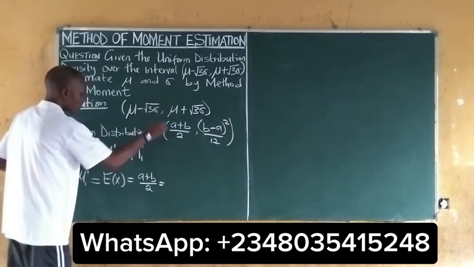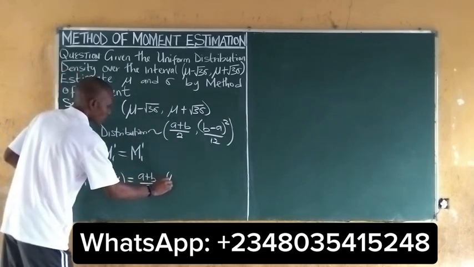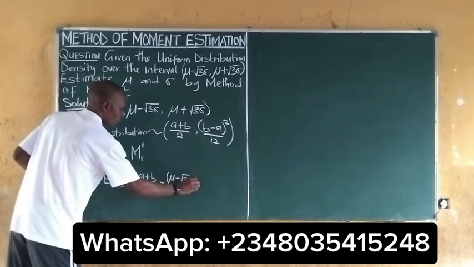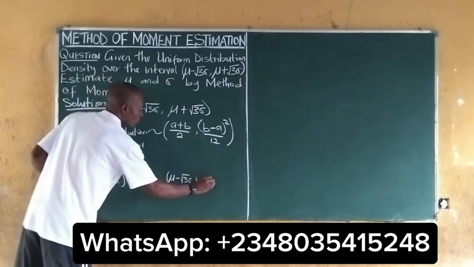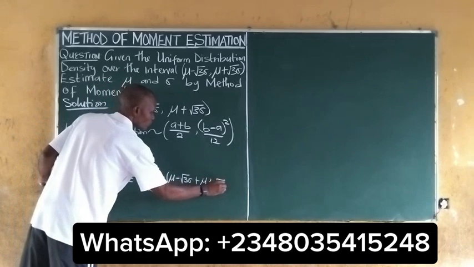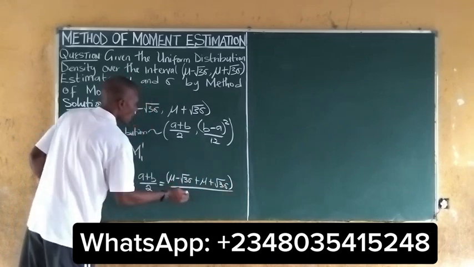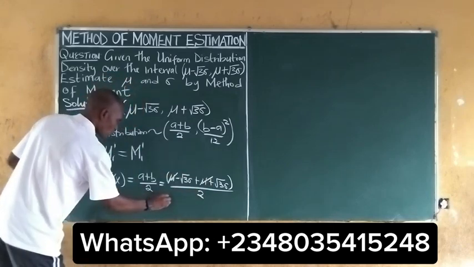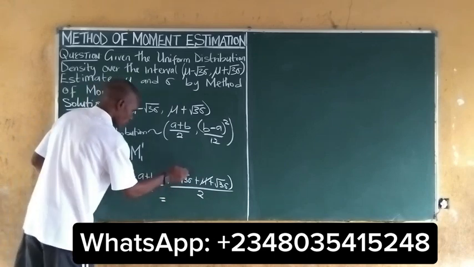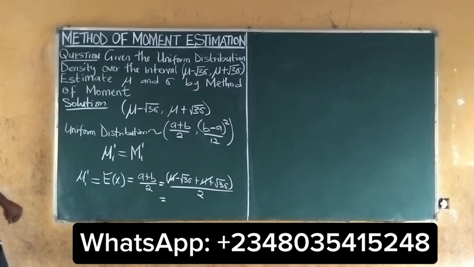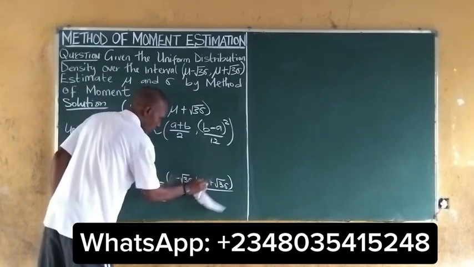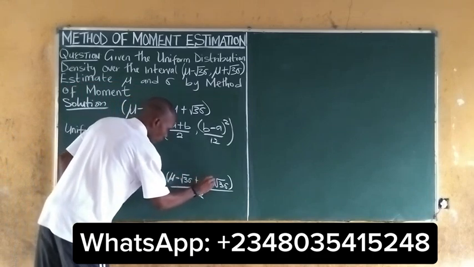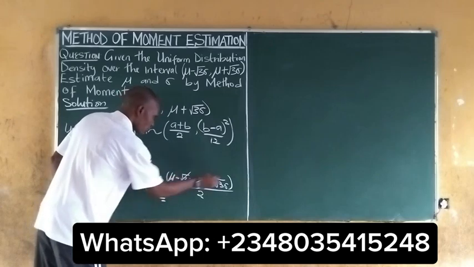And from our interval, we have it as mu minus square root of 3 sigma plus mu plus square root of 3 sigma all over 2. So this will cancel this.